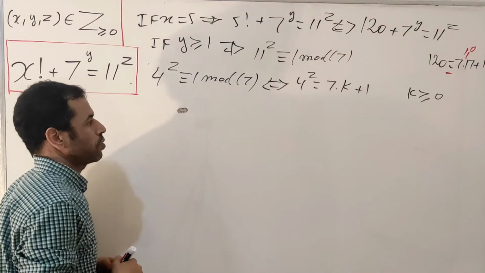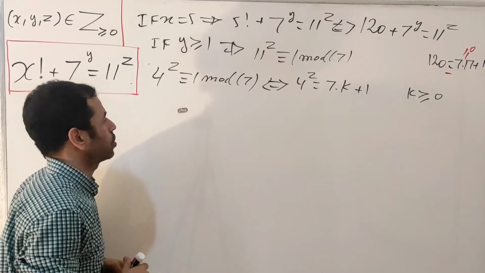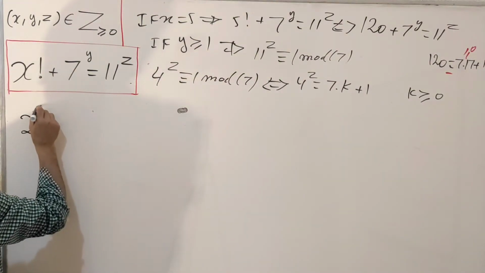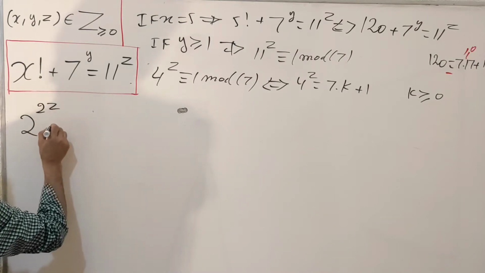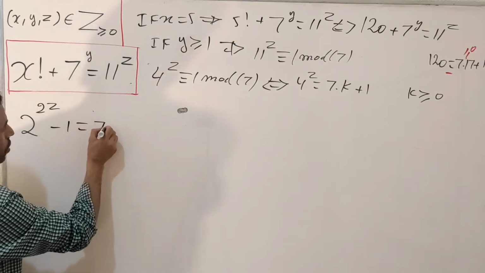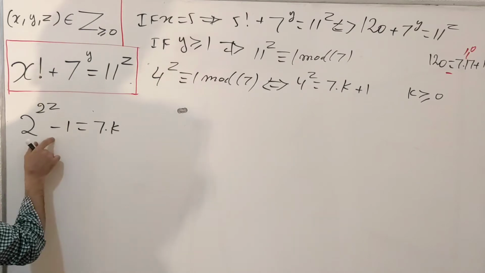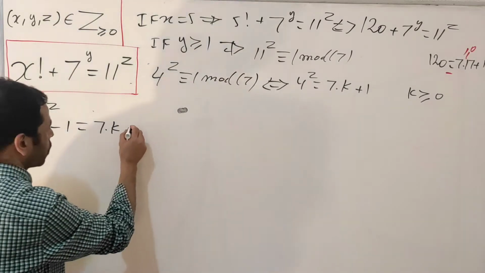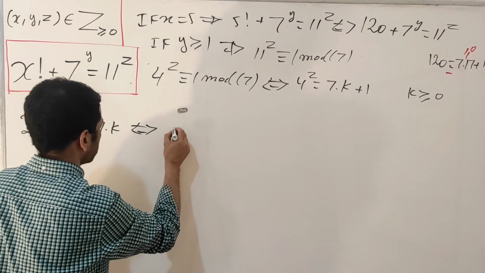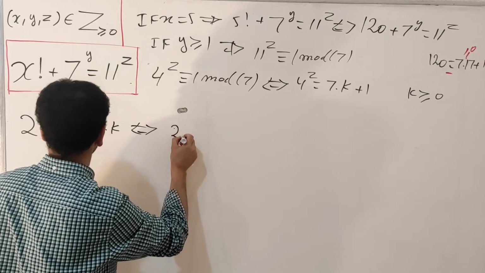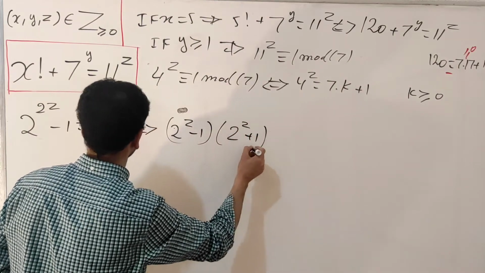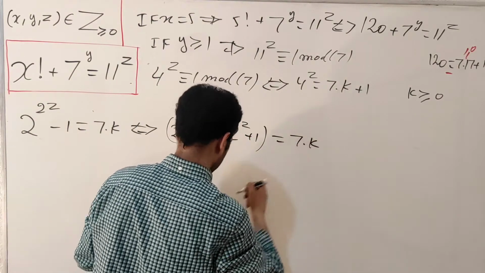Also, this 4 to the z is the same as 2 squared to the z, which is 2 to the 2z, minus number 1 equals 7k. So this is written in the form of a difference of two squares. I'm going to factor that out. I will have 2 to the z minus 1 times 2 to the z plus 1 equals 7 multiplied by k.